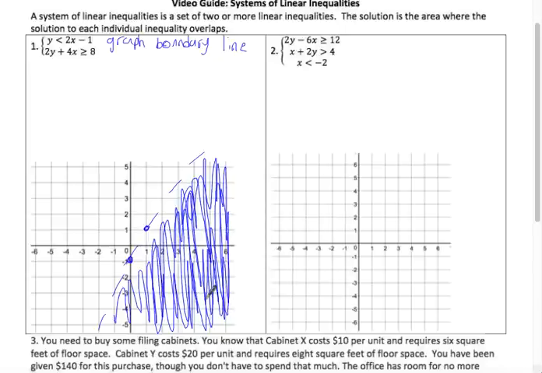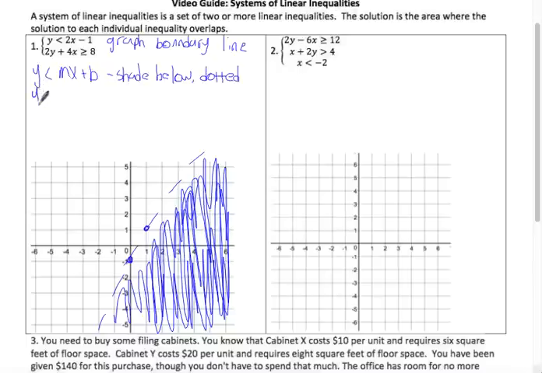When we have it solved for y, if we have y is less than mx plus b, like we did here, then it's less than, so we shade below, and use a dotted line.